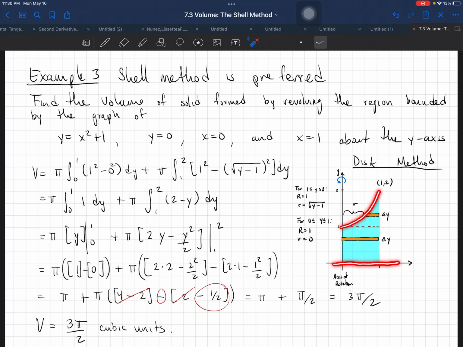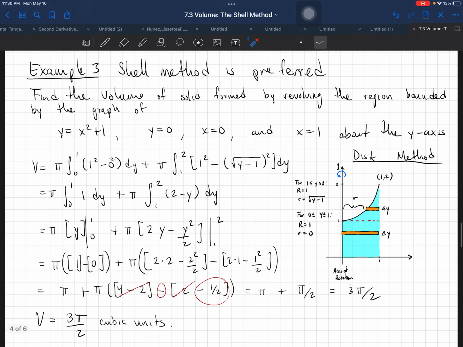That's your y equals 0 right here. And then bounded by x equals 0, which is right here. Bounded by x equals 1, which is right here. So that region enclosed is all this region right here. And lastly, it's about the y-axis, which means that it's rotating on the y-axis. So here's the y-axis, so its rotation is right here.